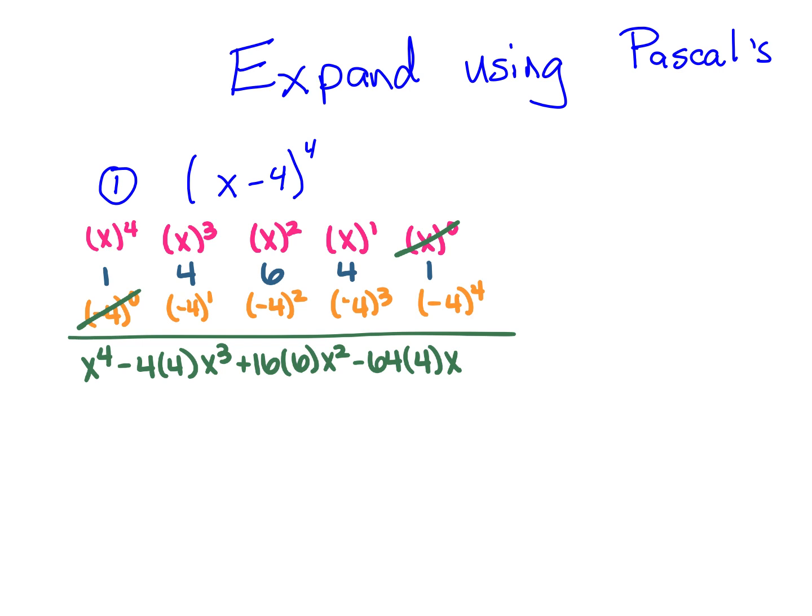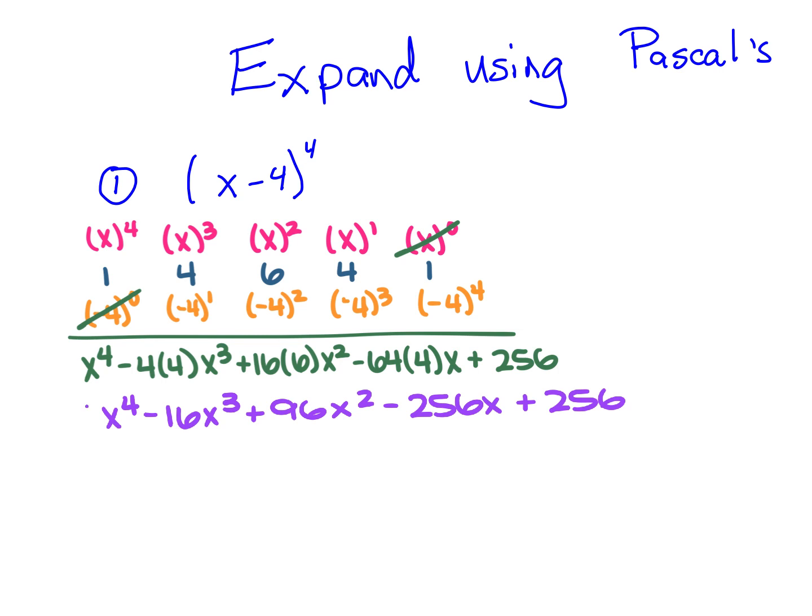Lastly, we have that negative 4 to the fourth power, which is positive 256. So now from here, we just have to multiply. So that's going to give us x to the fourth minus 16x cubed plus 16 times 6, which is 96, x squared, minus 256x plus 256.